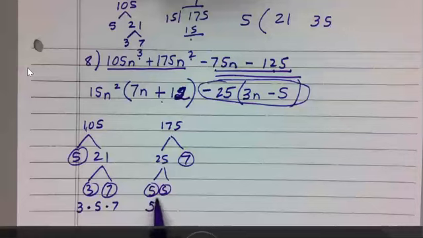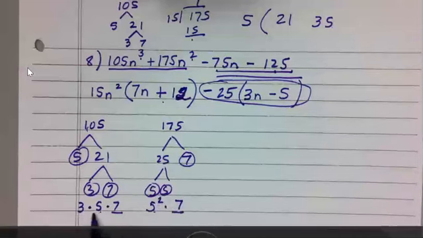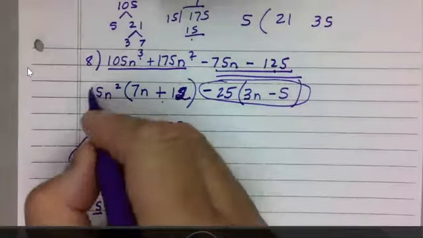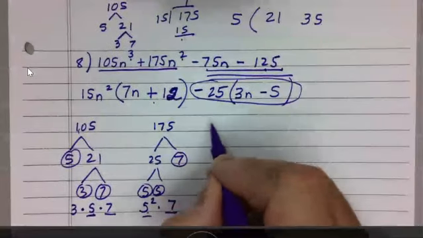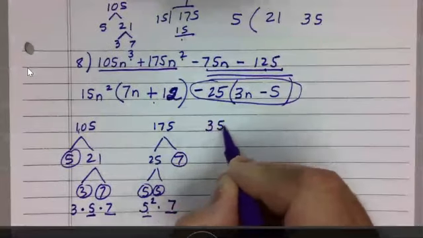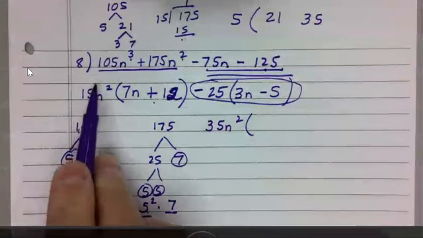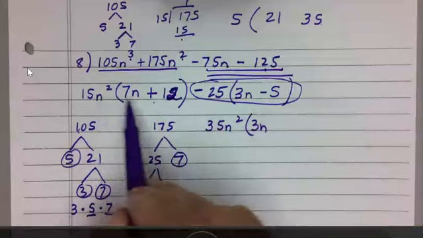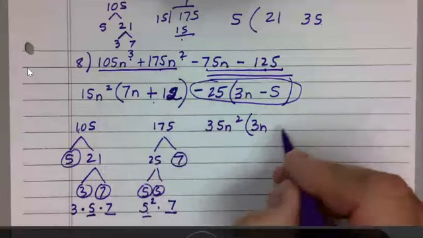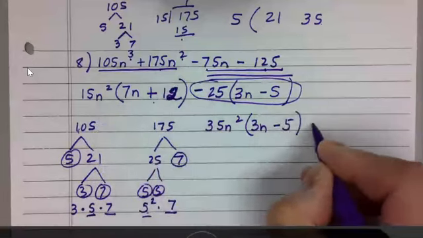So they share a 7 and one 5. So it'd be 35. So we should have taken a 35 out of this first one. So I'm going to do it right here. 35n squared out of the first one, which would give me 3n. And then I take 35n squared out of that one, which would give me minus 5. Now they're the same.